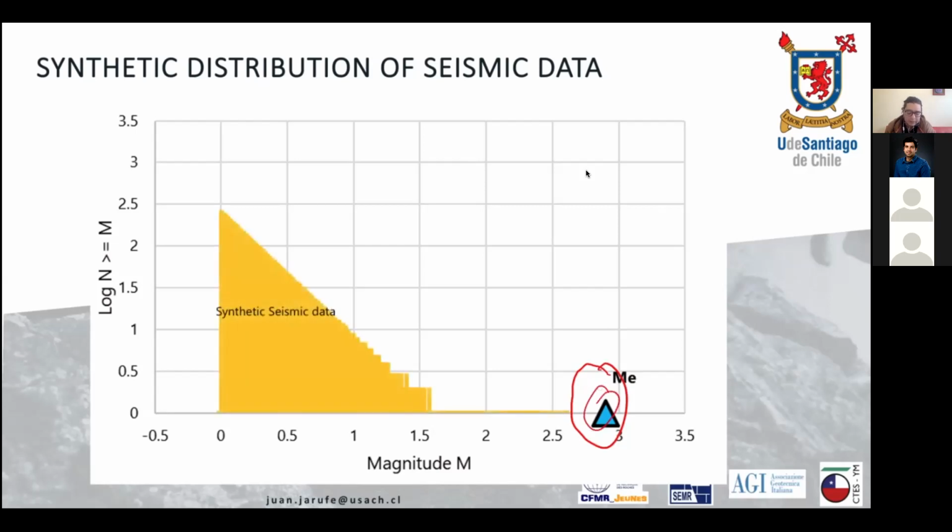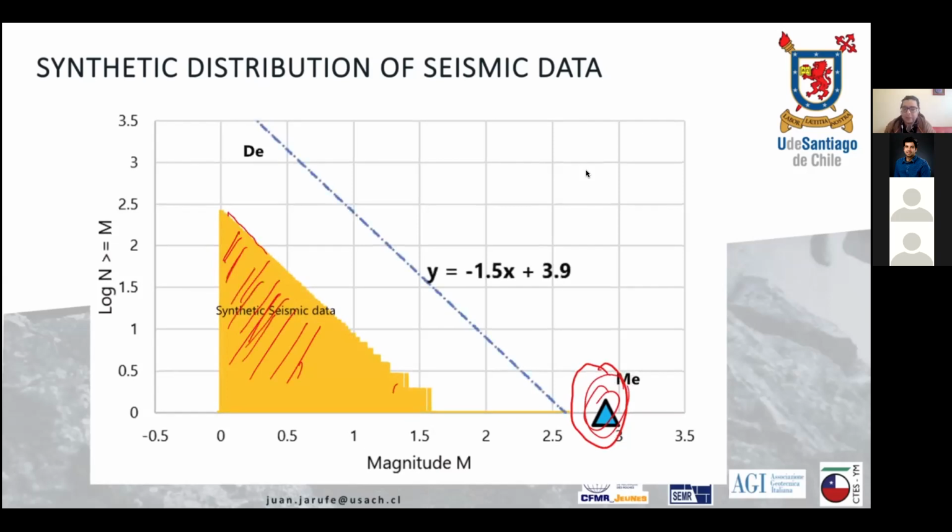So this is a histogram of seismic events, but all of these seismic events are equal to this equivalent magnitude. Now that I have this set of equivalent seismic data, I can create a frequency magnitude distribution based on that. And I get something like this.